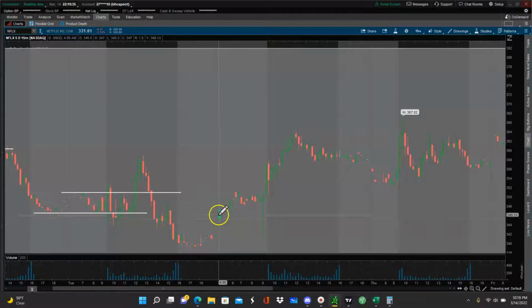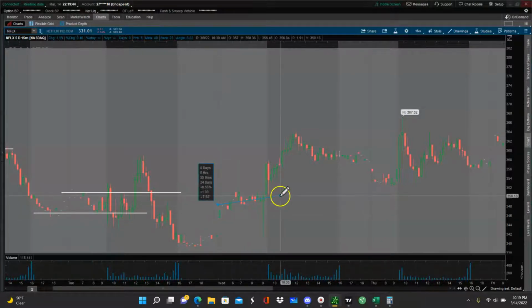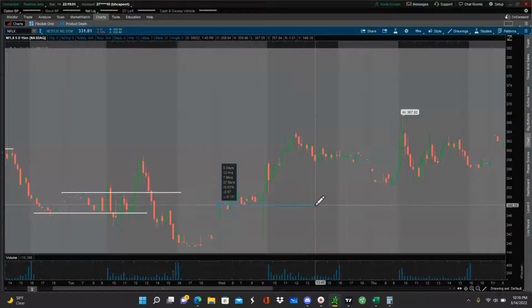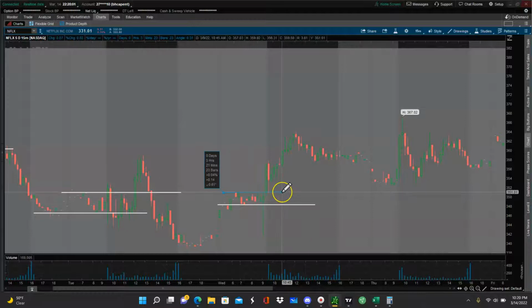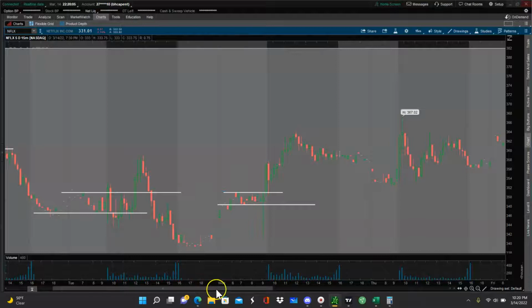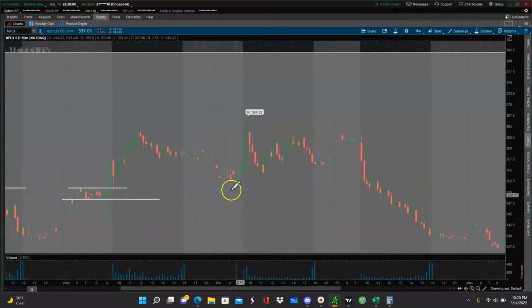And here I got pre-market support. Well, my lowest point is right here at 345, but the majority is right here in this area. So I mark this area here. Pre-market resistance is right here. Go here.